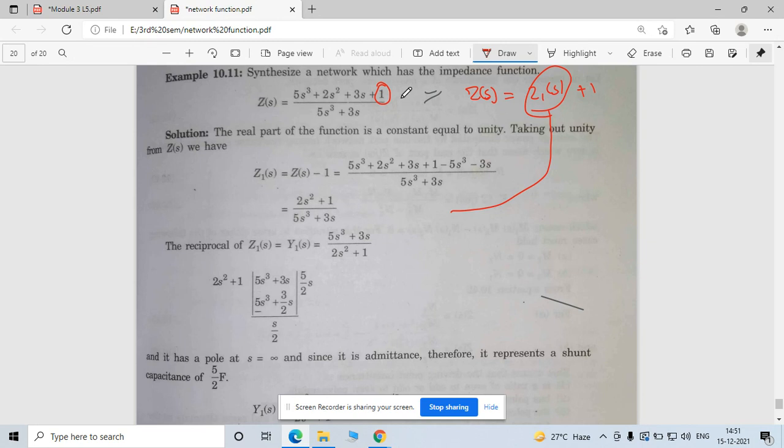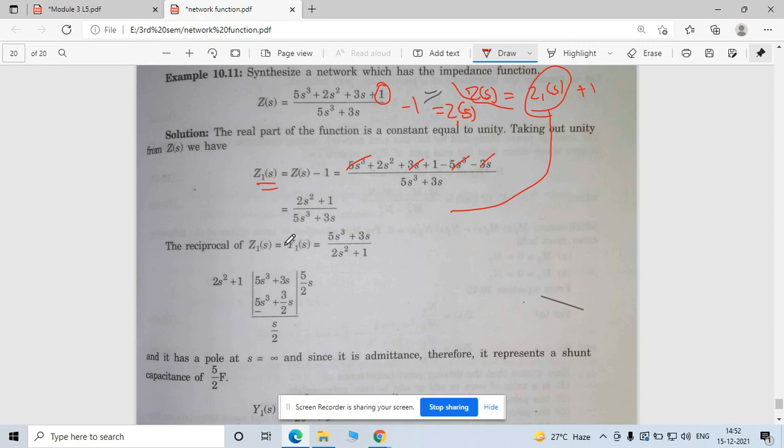Simple, you have to cross multiply, this function minus 1 is equal to your Z1 of s. When you cross multiply this, you will get this numerator term. Now this term is getting cancelled out, right, and this term is getting cancelled out. So this is 2s square plus 1 divided by this. The same way, this is your Z1 of s.